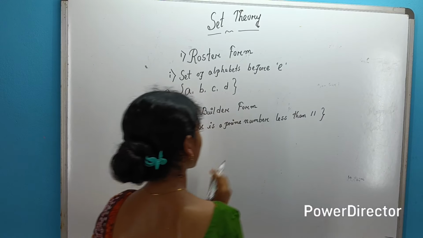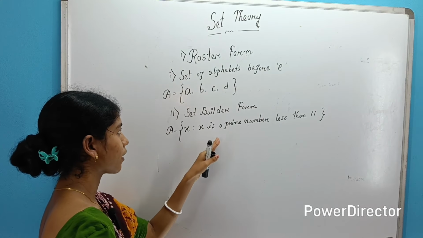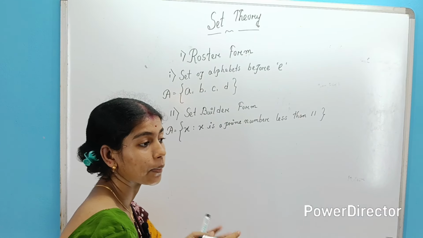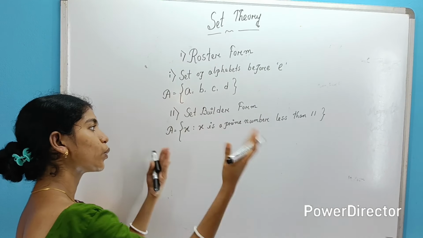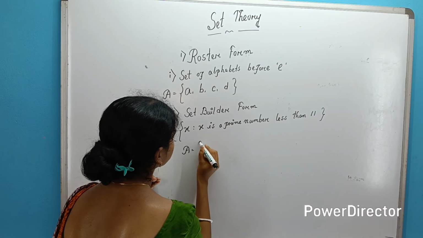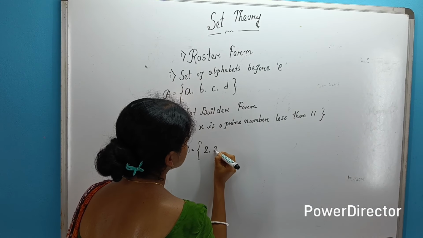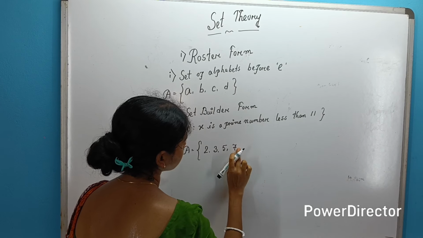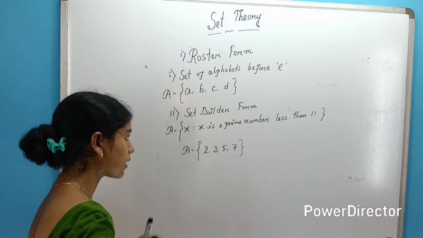This is the set builder form; we have not written anything in numeric way, we have just written the sentence. From that sentence we know which kind of number will come here. If we write the roster form, the prime numbers are 2, 3, 5, 7, less than 11.